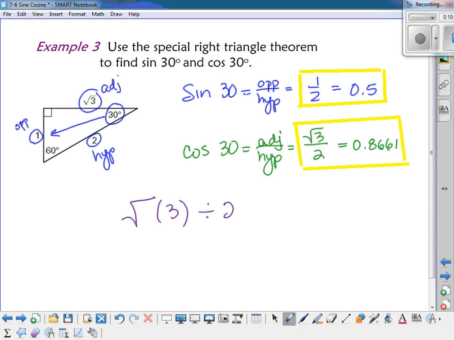Don't leave the 2 under the radical because that will give you the wrong answer. So double check again that you get the same thing that I did, 0.8661, so you know you're using your calculator correctly.